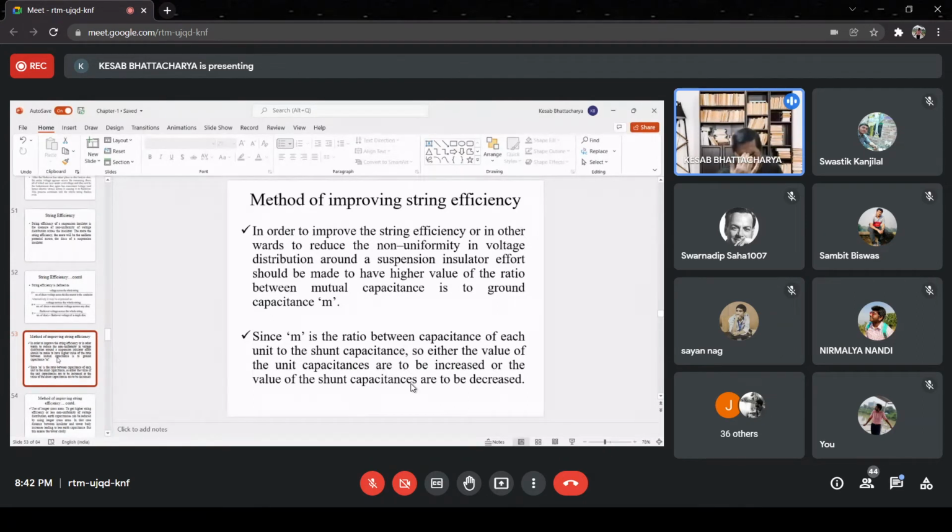Now, in order to improve the voltage distribution across the string of suspension insulators, what you have to do is either reduce the effect of shunt capacitances, or improve the flow of current through the different disks, because the voltage drop across the disks or units is equal to the current flowing through them multiplied by their capacitive reactances.